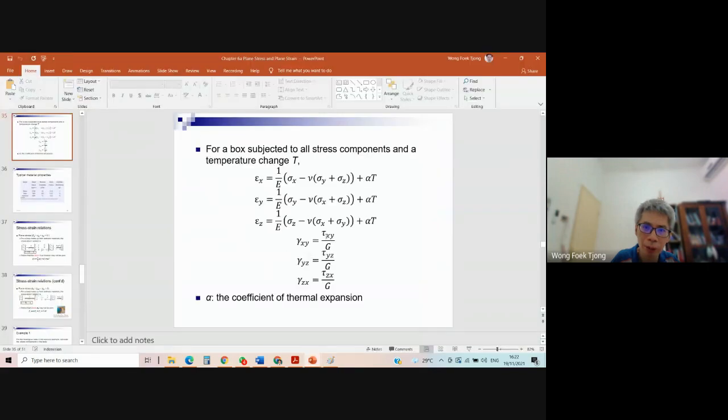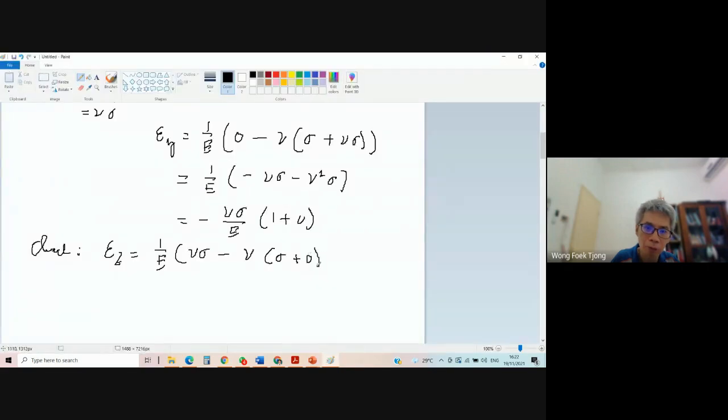And plus sigma y, 0. Yes, exactly 0, right? We can see that immediately. So it's correct.